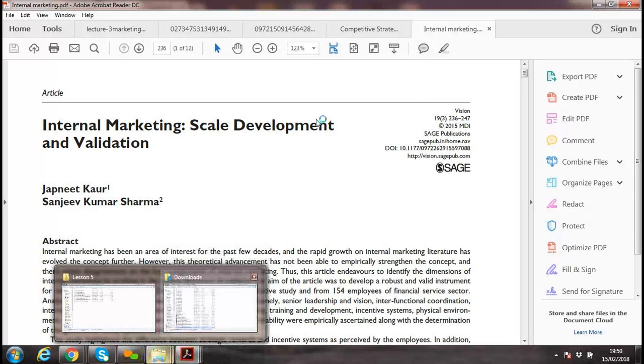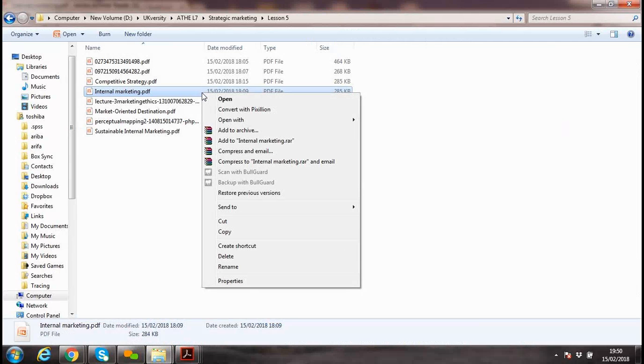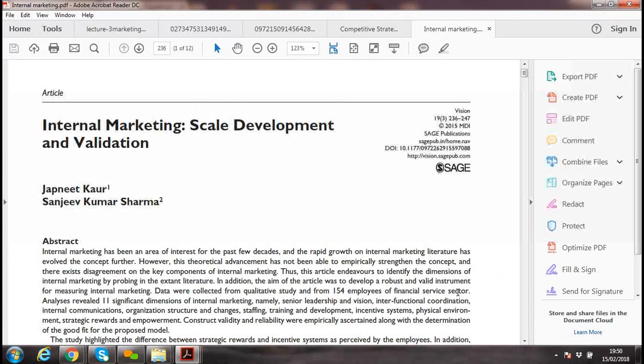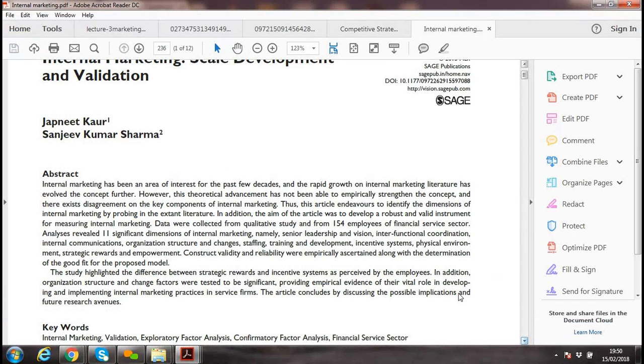So these environmental factors are quite good. Another thing is called internal marketing. What is meant by internal marketing? Internal marketing is doing the marketing within the organization. Well done. Yes, we do the external marketing, but the author said we need to do it internally.